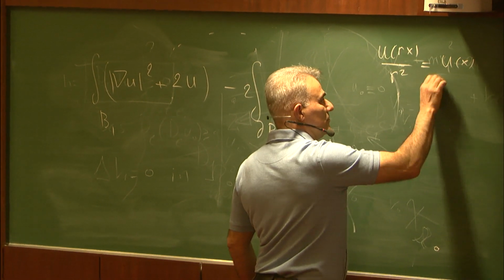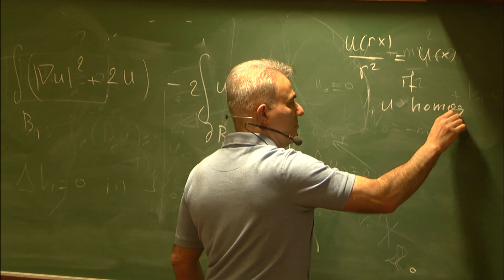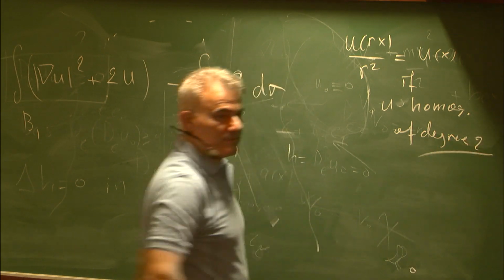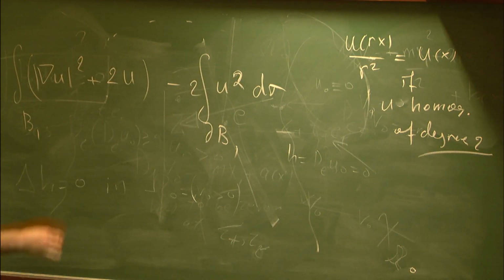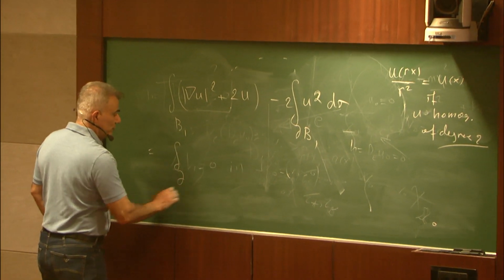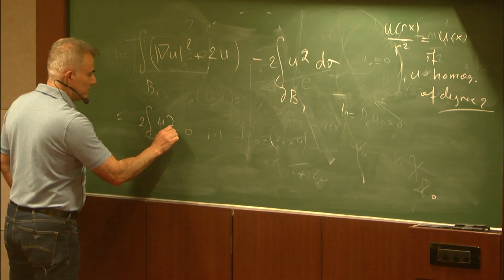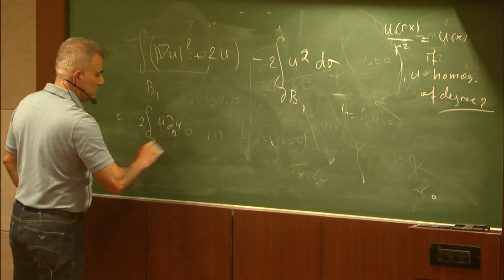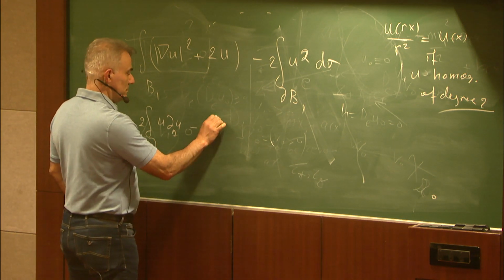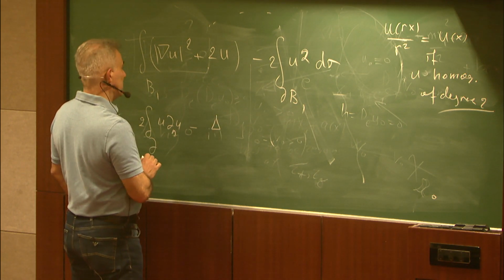Actually, wait. If it's homogeneous, so if you integrate by parts, this will be on the boundary, 2 times u, normal derivative of u on the boundary, minus the Laplacian of u. Agree? Or not?